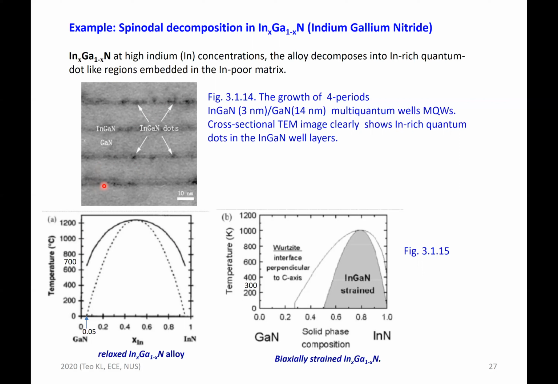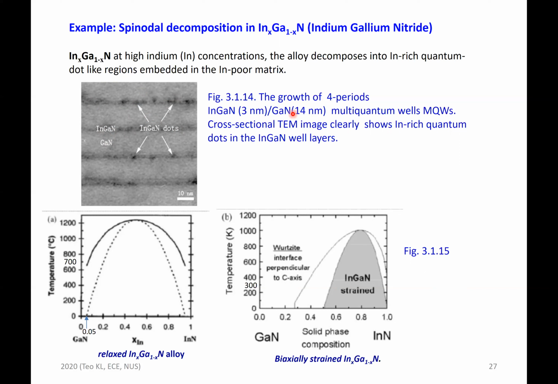So you grow indium gallium nitride, gallium nitride, indium gallium nitride, and so on. Indium gallium nitride forms the well, gallium nitride forms the barrier. Four periods means you've grown the single quantum well 4 times.